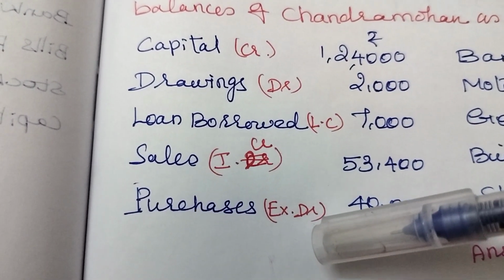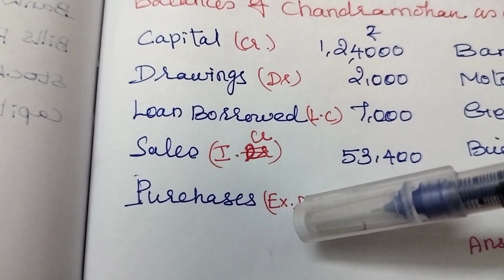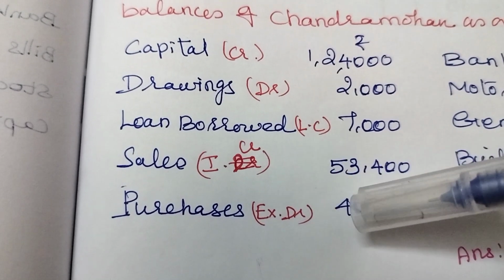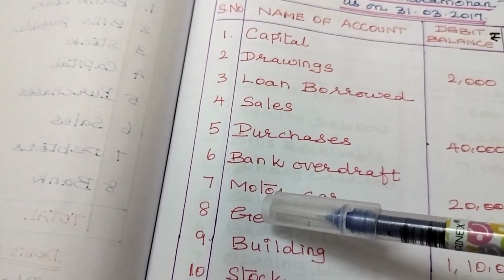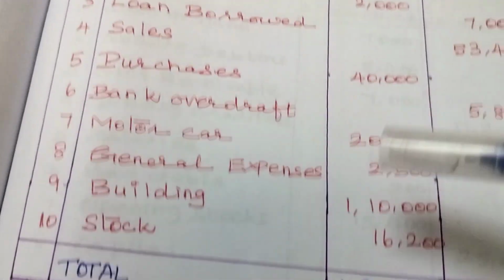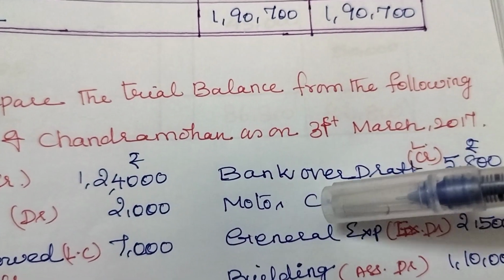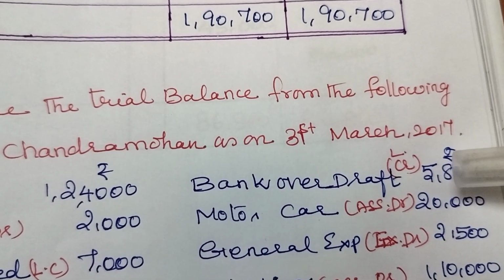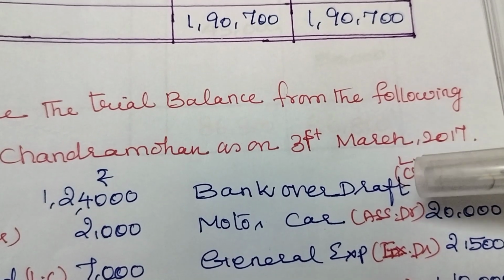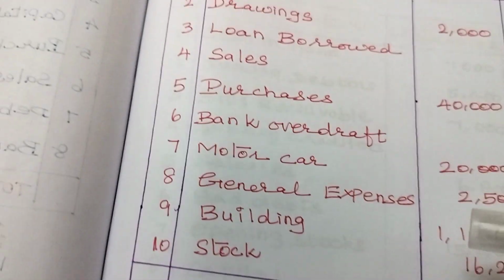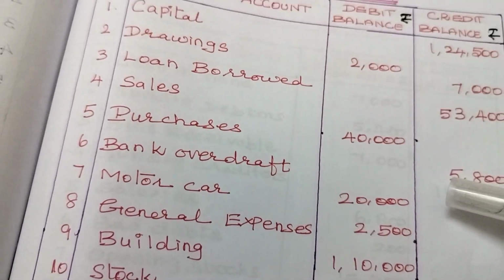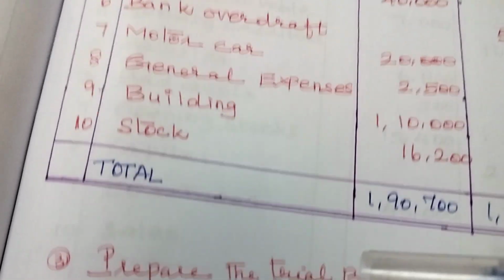Purchases is an expense of the business, and all expenses will be debited. So purchases rupees 40,000 is entered on the debit balance. Then bank overdraft 5,800. Bank overdraft is a liability, and liability comes under credit balance. So bank overdraft 5,800 is entered on the credit balance.